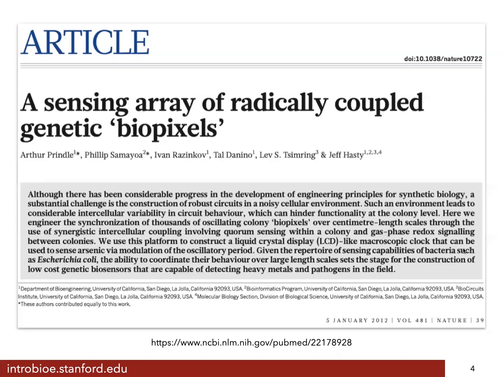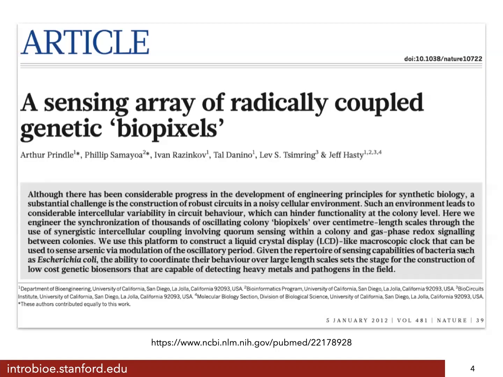Now we're going to read the abstract and see if we can find a claim. Although there has been considerable, this is not a claim, it's just a statement. Although there's been considerable progress in the development of engineering, a substantial challenge is the construction of robust circuits in noisy environments. So this is kind of interesting: noisy, spontaneously mixing, diffusing, randomness. Okay, good. Such an environment leads to considerable intercellular variability in circuit behavior.